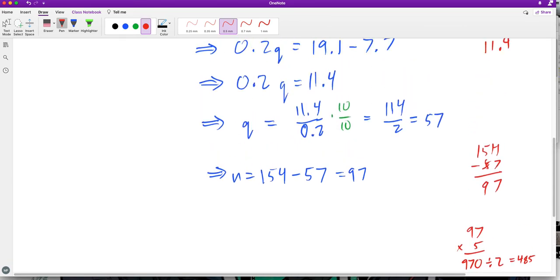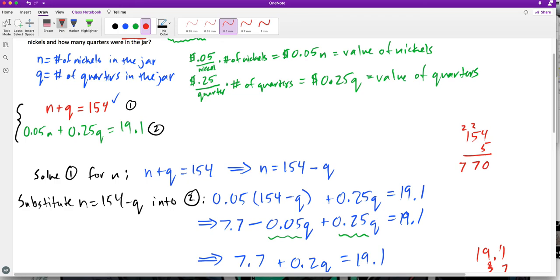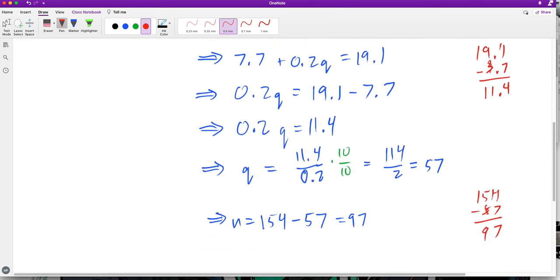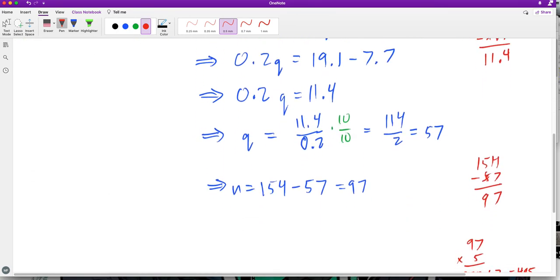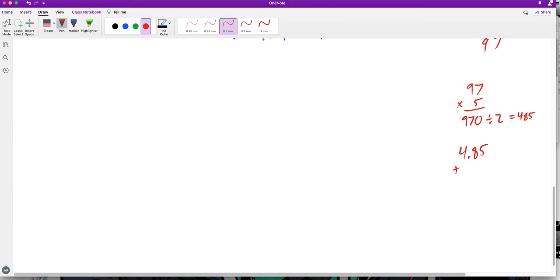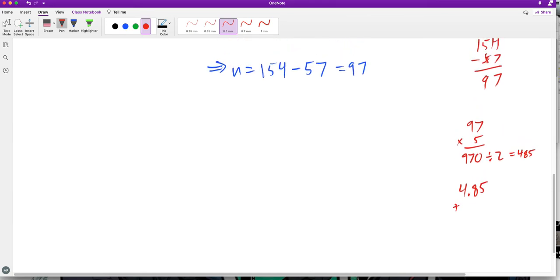And then we want to add that to what we get when we multiply 0.25 times q. Well, q was 57, and 0.25 times something is the same thing as a quarter of that. So I'm just going to take that 57, divide it by 4.